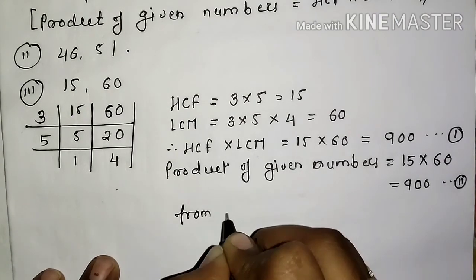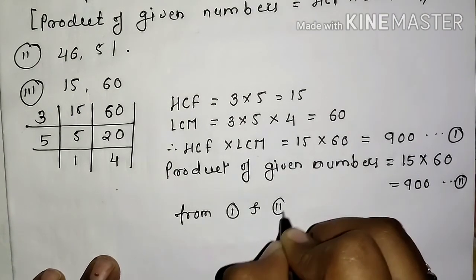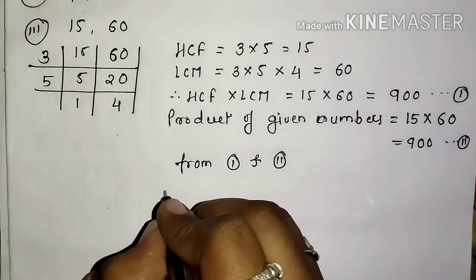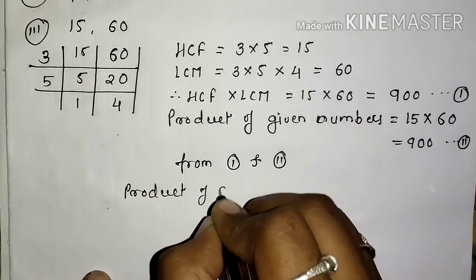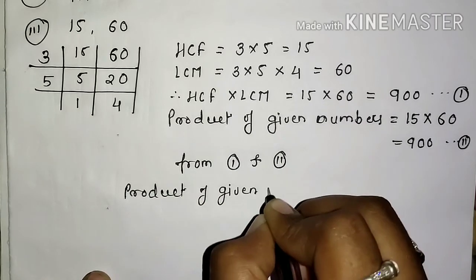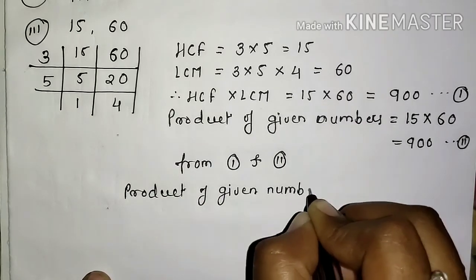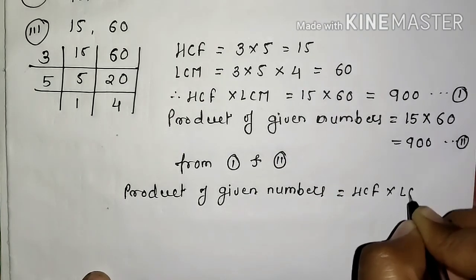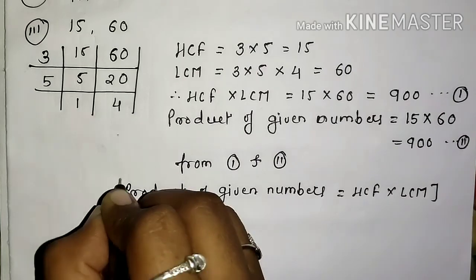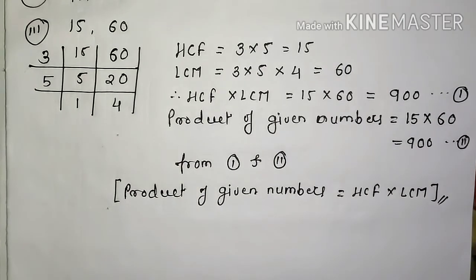From 1 and 2, we get that the product of given numbers is equal to its HCF and LCM, and hence property verified.